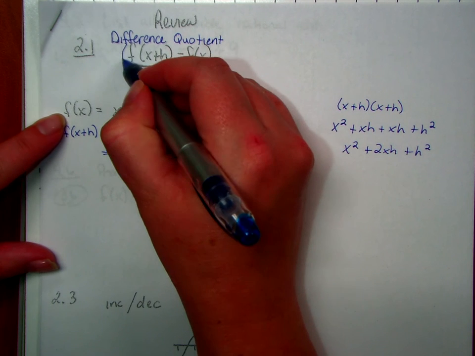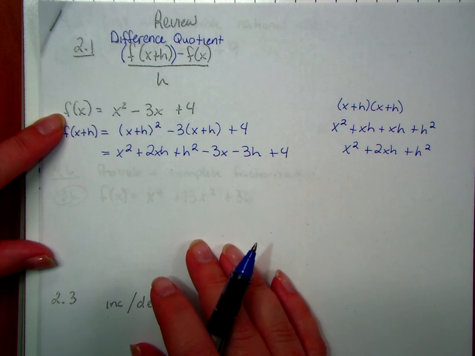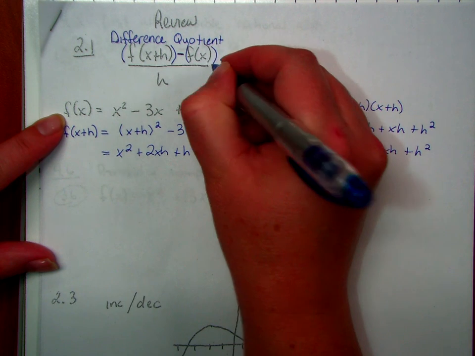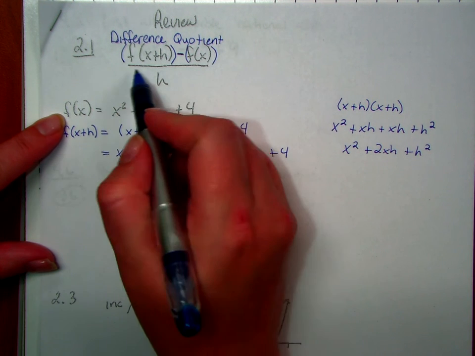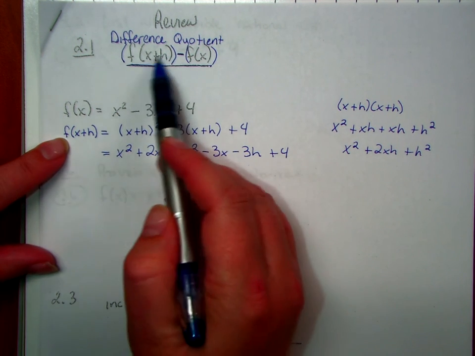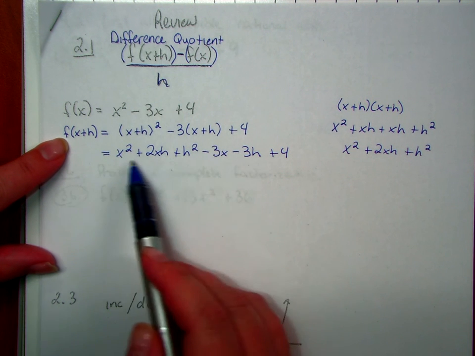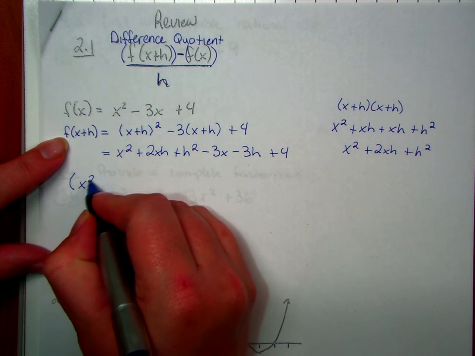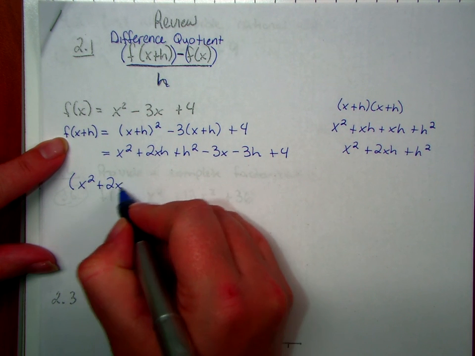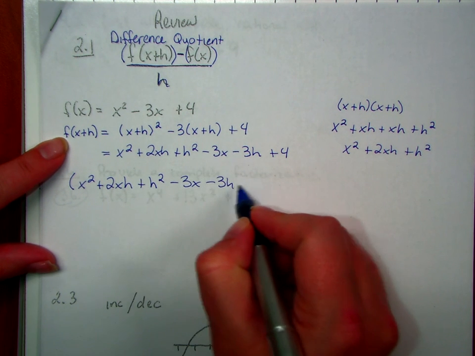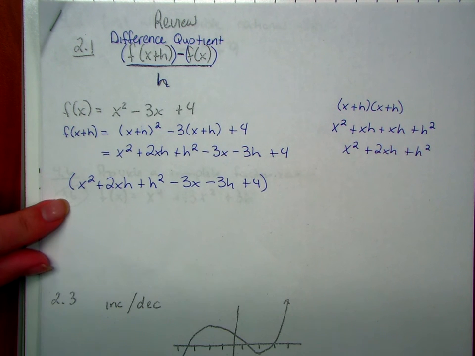So I want you to see that we have a function evaluated x plus h minus the original function f of x all over h, right? So I'm going to do f of x plus h here, and I'll go ahead and put it in parentheses so I can see the difference here. All right, so here's the first part of the difference quotient, f of x plus h.